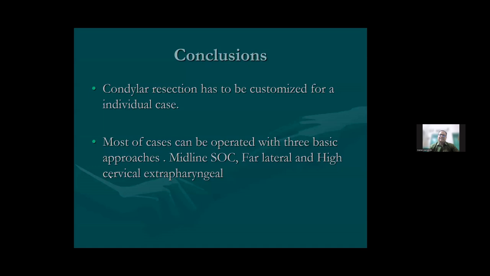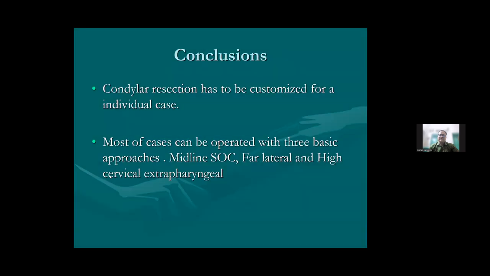In conclusion, condylar resection is not required in any of the cases. One should not be dogmatic that all the cases can be done through a posterior approach. The approach is customized depending on the extent of the attachment, the consistency of the tumor, and whether the tumor can be seen from the posterior approach.